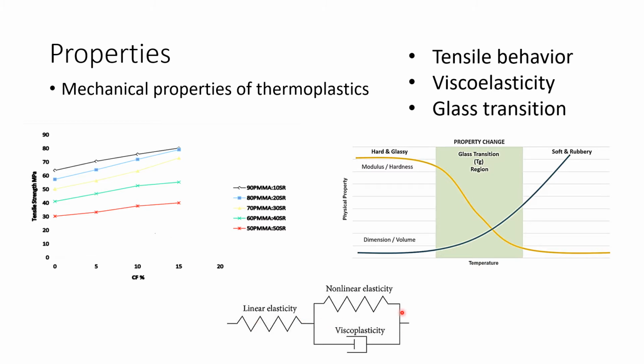Viscoelasticity is one of the plasticity types. We have linear, non-linear, and then visco. We'll go into them one by one. The next one is the transition between hard and glossy and soft and rubbery. There's a transition period, and we call it the glass transition. Okay, and it's just a region.